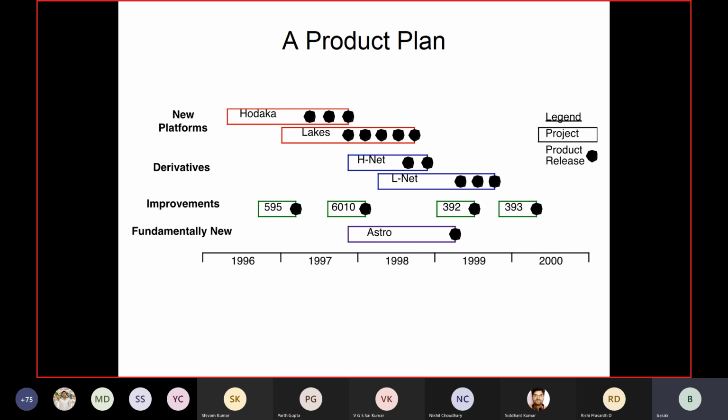So basically, the product plan should reflect the company's capabilities, their constraints, their ultimate aims or goals, whatever you say, and of course the competitive environment in the particular market segment it is trying to launch these products.